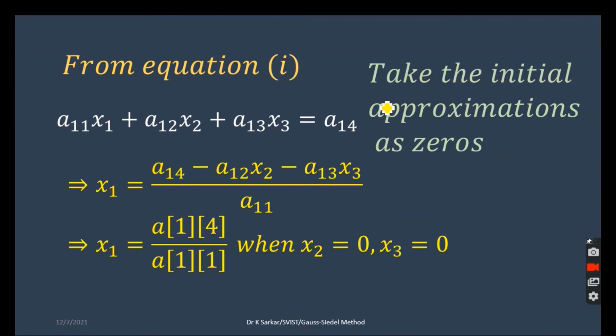Here is another point you have to note: you have to take the initial approximations as zeros. That means x1 as 0, x2 as 0, x3 as 0. So if we put x2 and x3 as 0, then we will have A14 by A11.